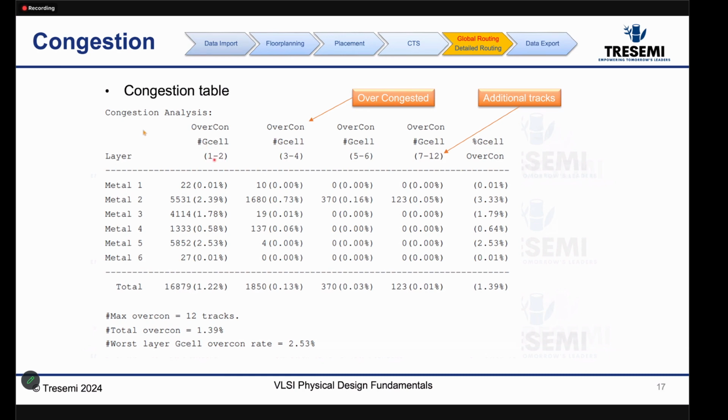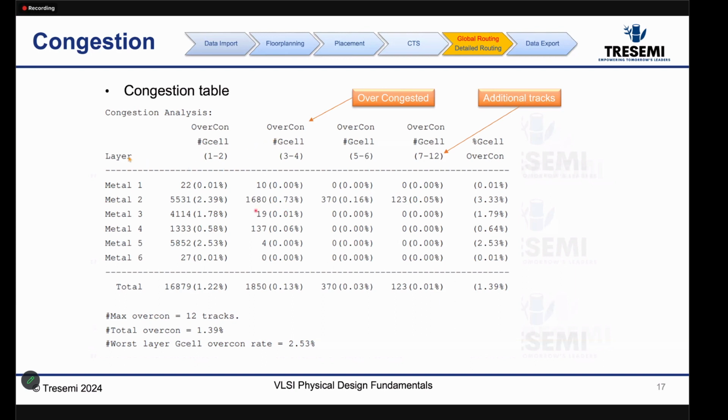Of course you expect this to be a big number here. And then these are higher numbers, which mean you need that many additional tracks. So certainly you want all of these to be 0, right?